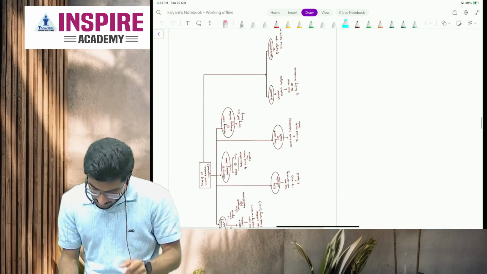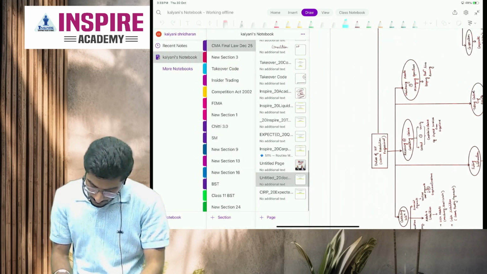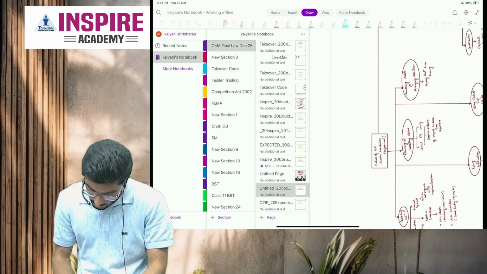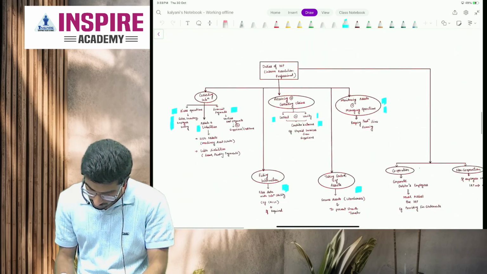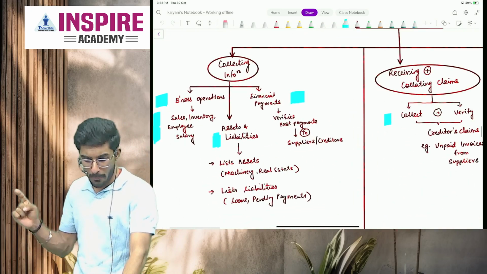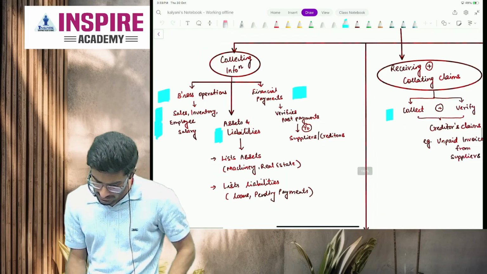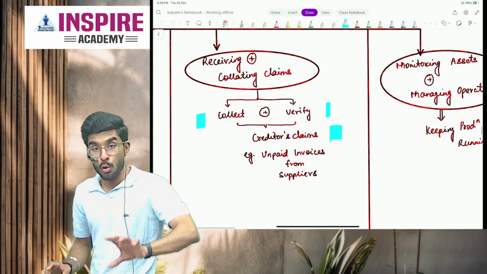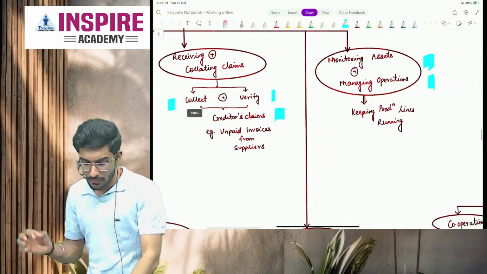Okay. Now next, what are the duties of the IRP? What are the duties? Number one, collecting information with respect to business operations, assets and liabilities. Number two, receiving and collecting the claims of the creditors.